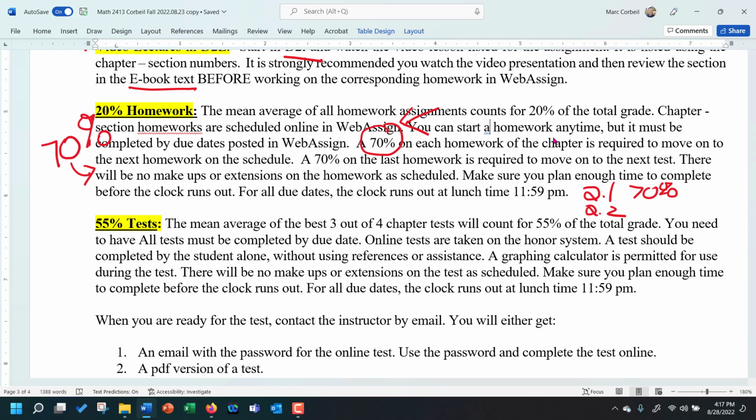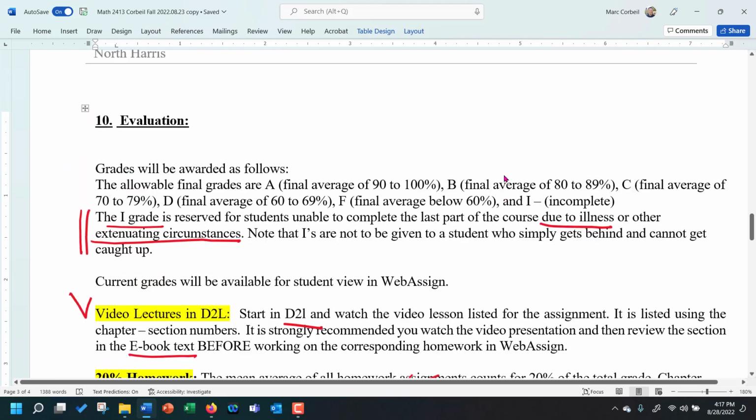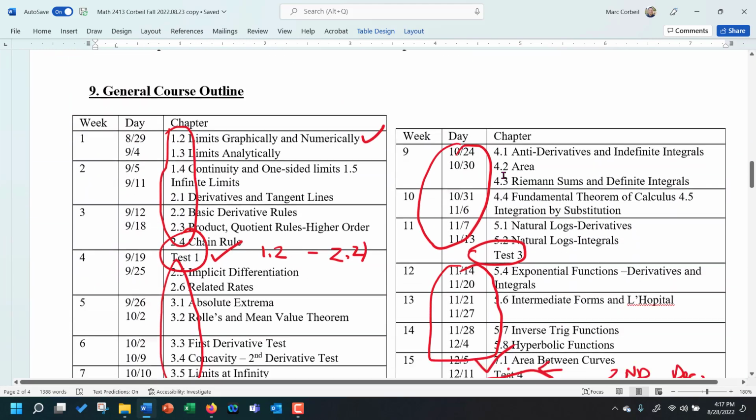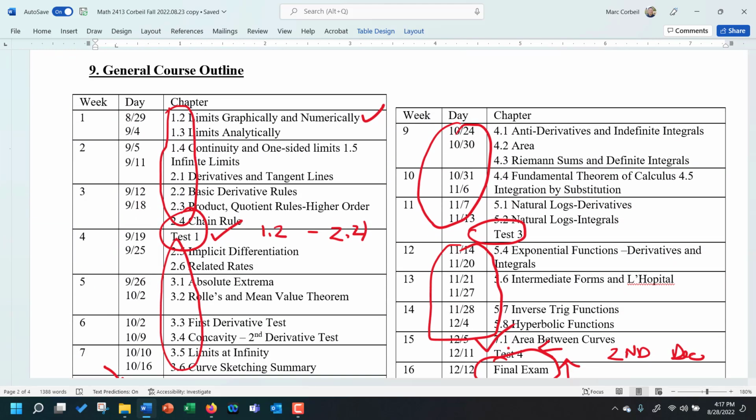And to be able to do the tests, you're going to need to have 70% on the last homework in the test set. So if you go back up here and take a look at that, you're going to have to get 70% on 1.2, 70% on 1.3, 70% on 1.4, 70% on 2.1, 2.2, 2.3, 70% on 2.4, and then test number 1 will open for you.